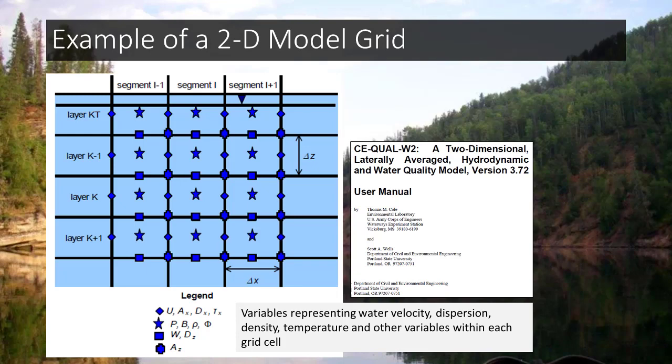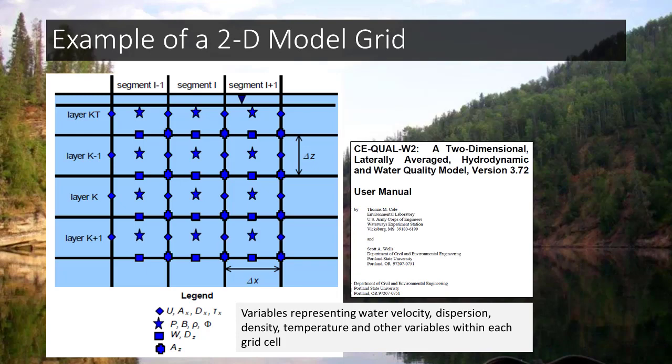To set up a model like this, you set up the grid at whatever size you think is appropriate, and that's something you'll basically learn through experience. You set the model grid up in order to capture the processes of interest, and in this case we're looking at momentum, so it's showing all the different variables at the bottom: velocity, dispersion coefficients, density, temperature, all of the things that are going to affect the water movement.